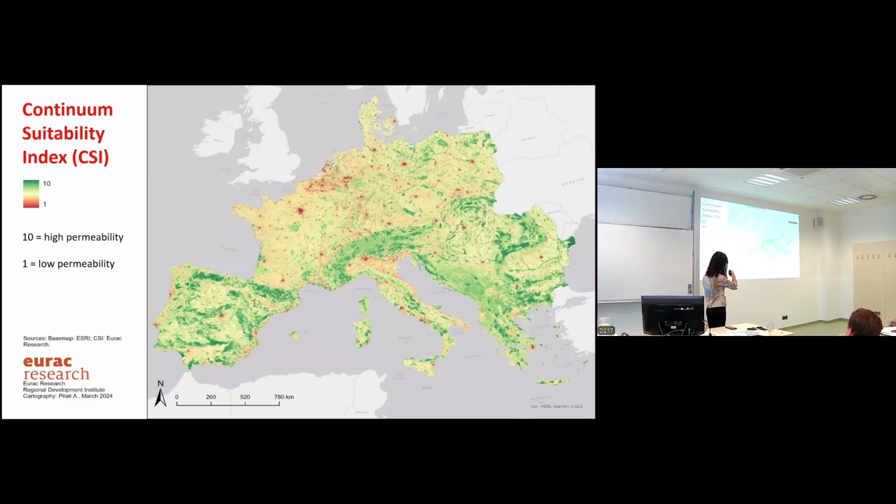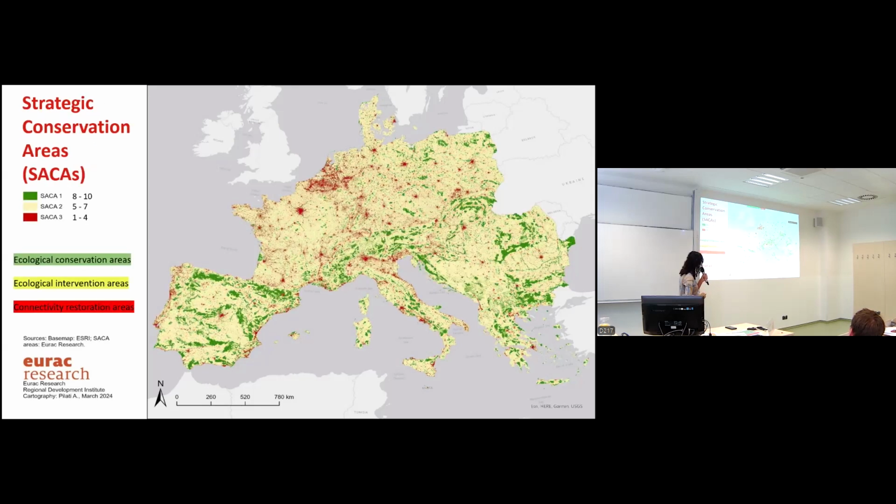So we started calculating the CSI, and here you can see the most permeable areas to biodiversity in green, while in red you have the less permeable ones. The range goes from 1 to 10, and after this we divided this range into 3 categories, the same as described by my colleague.